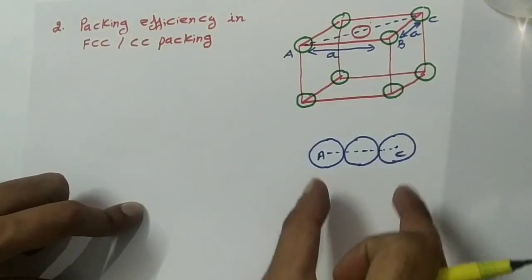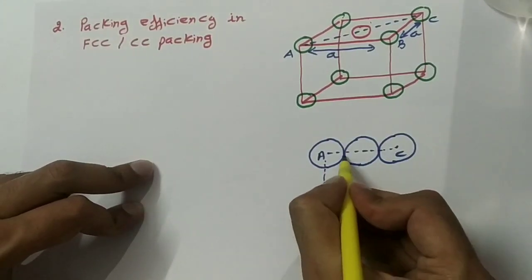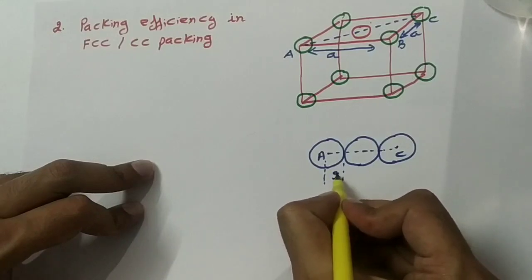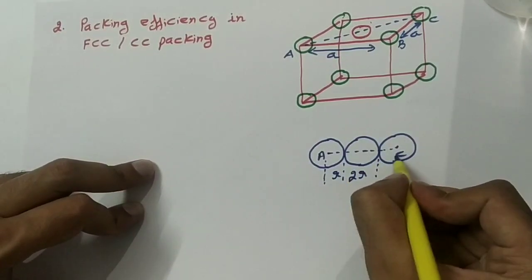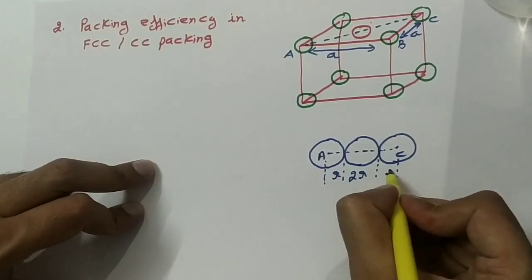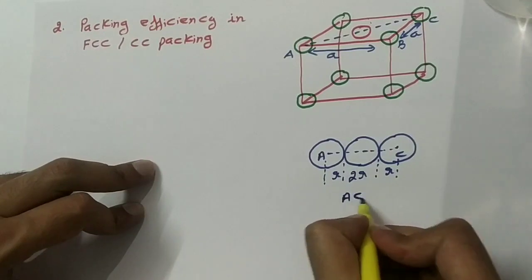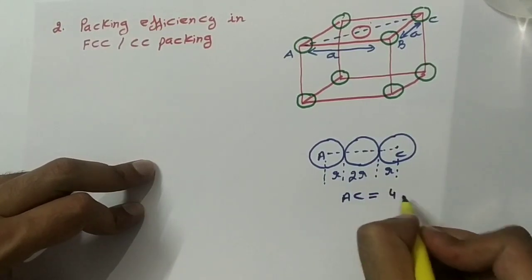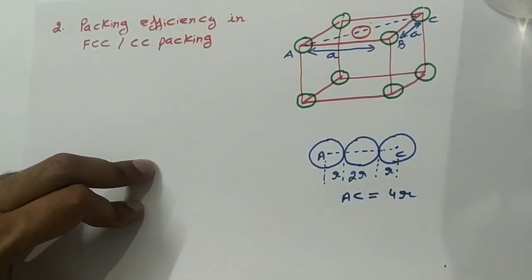Something is visible here, actually it will be like this. Calculate the length. This is r. This length is 2r. This is r again. So AC is equal to 4r. Yes, AC is equal to 4r.